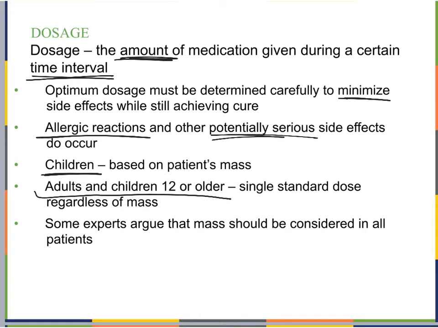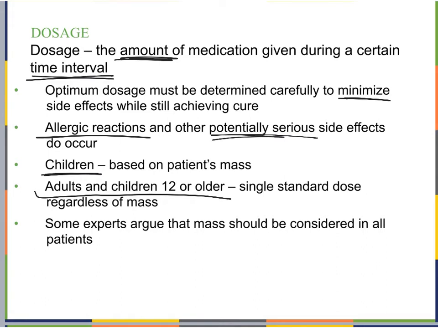If you look at over-the-counter medications, you'll often see adults and children 12 or older, this twice a day. But anything less than that, there's typically between 6 and 12 years old, between 2 and 6, and then under 2, and then sometimes under 6 months, depending on the type of over-the-counter medicine. And that same thing happens with our antimicrobials. When they are prescribed, all of these things are taken into consideration.